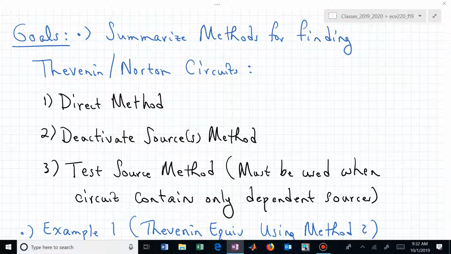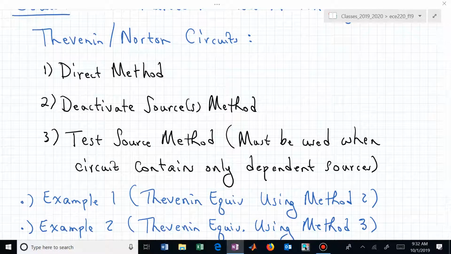Today we want to get into methods 2 and 3 of finding Thevenin and Norton equivalence. The last time we used the direct method, and now we want to use a couple of different strategies that work with different scenarios, or are more effectively applied in certain situations.